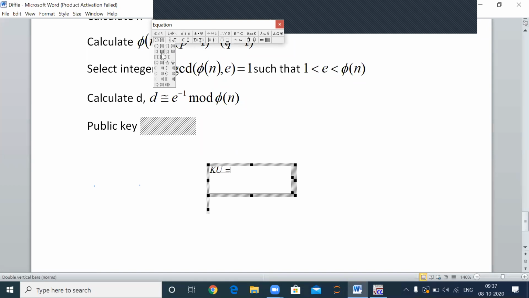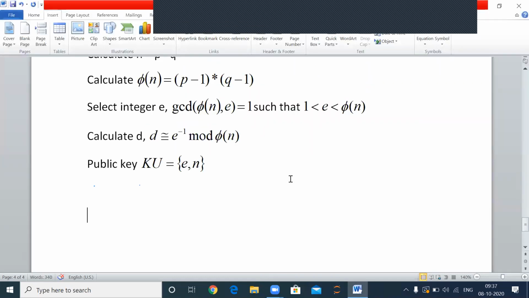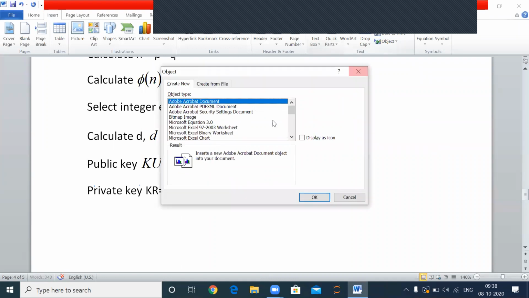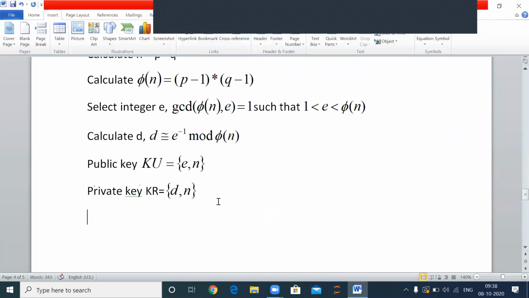The public key is chosen as E comma N. And the private key, KR, is chosen as D comma N. This is how the public key and the private key are chosen.